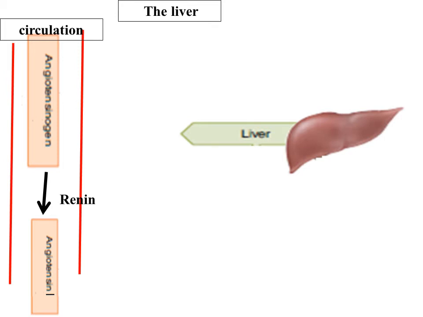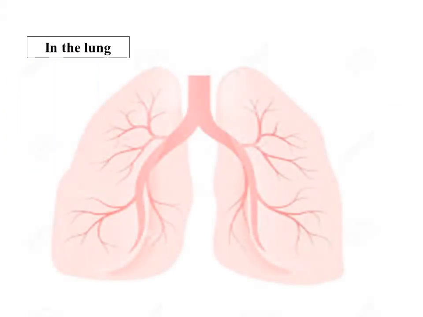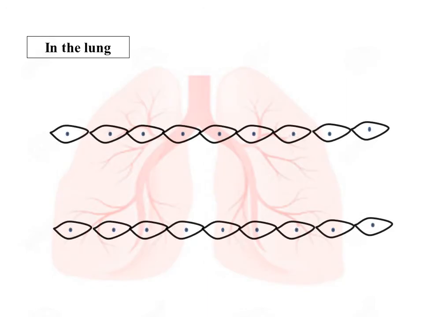We will move to the other country. The other organ is the lung. In the lung, there are small blood vessels. The small blood vessels of the lung contain angiotensin converting enzyme on their endothelial surface.